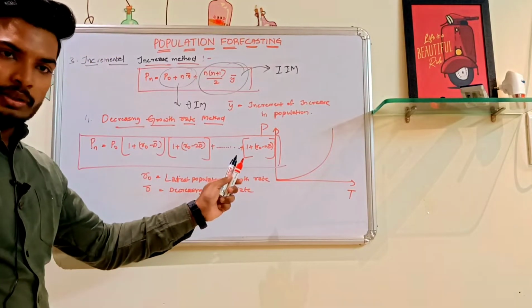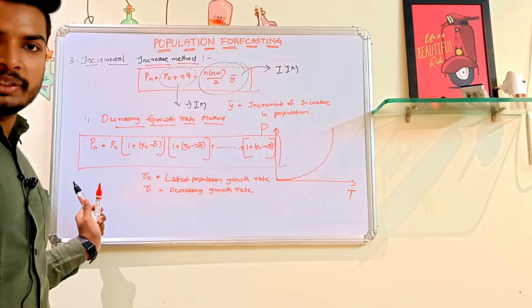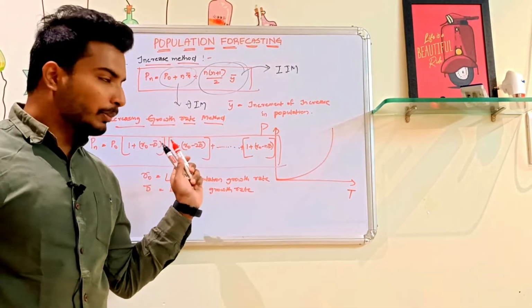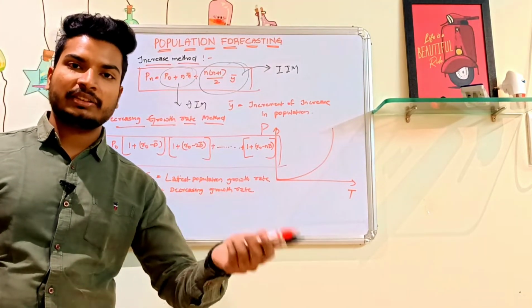We already know P naught and Pn. Pn is the population in the future, P naught is the latest known population, and N is the number of decades that we need to calculate.